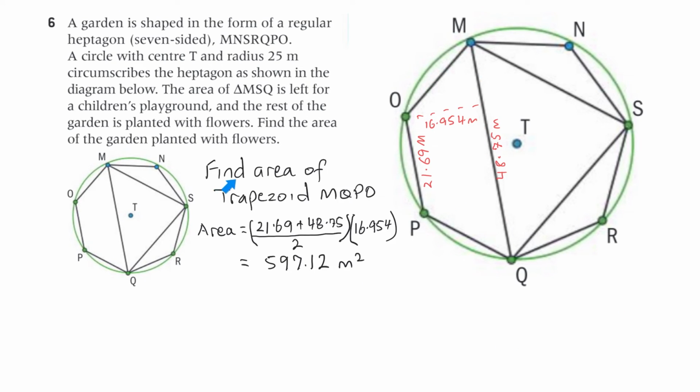Okay, the next step is to find what is the formula for finding the area of a trapezoid, and the trapezoid is our MQPO. Well, it's just the area equals the average of these two lengths, the parallel sides. We add them up and divide by 2, and we multiply that by the perpendicular height, and we get 597.12 meters squared. That's the area of that trapezoid.